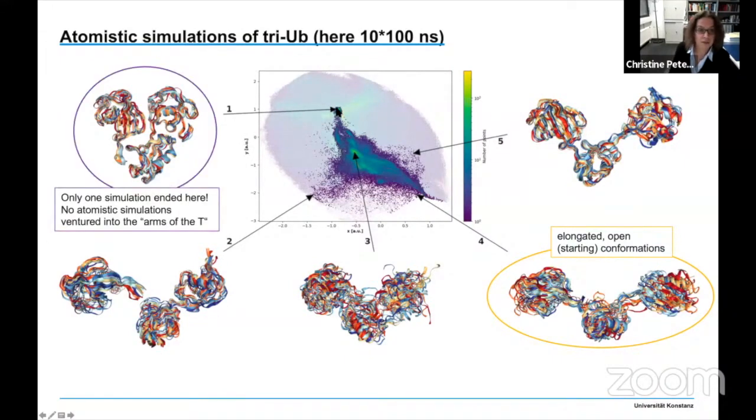We ran swarms and swarms of simulations. In one case, we found a truly collapsed structure somewhere in this center. We never ventured into these T arms. No atomistic simulations went there. Of course, we were wondering: does this mean this region is not reached because atomistic systems get stuck before they get there? Or is this something where the atomistic simulation doesn't want to go? And that, of course, calls for backmapping-based sampling.